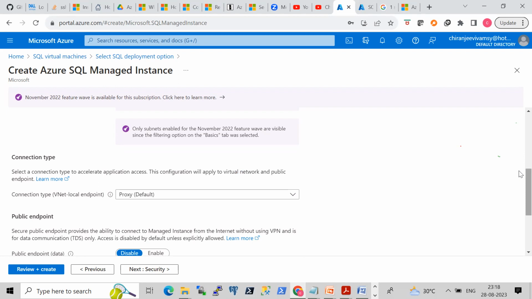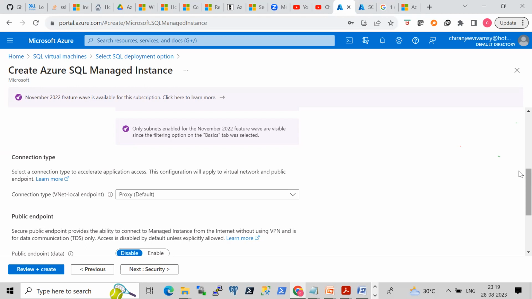I also showed peering, where my MI is in one network and my machines are in another, and how to connect to MI using peering. I did a lot of significant networking work in my sessions.